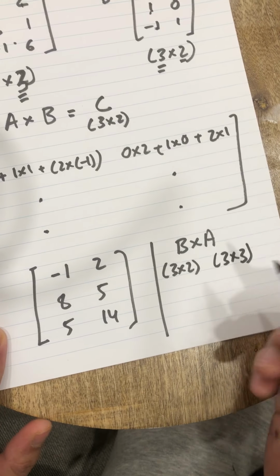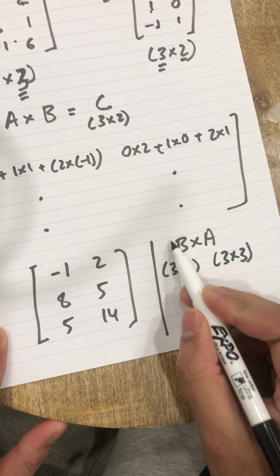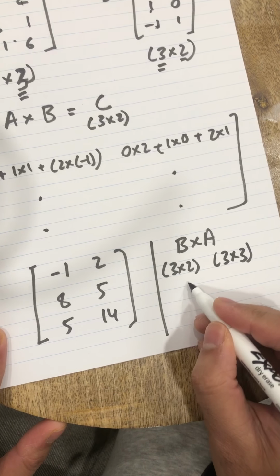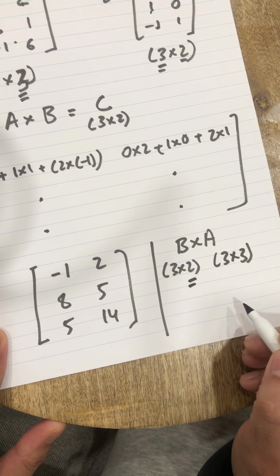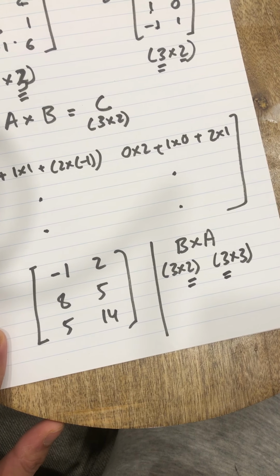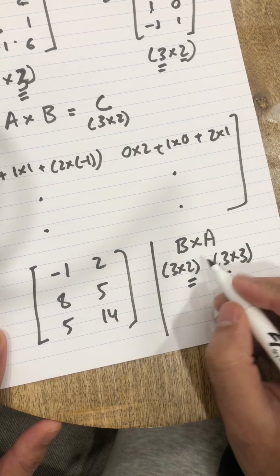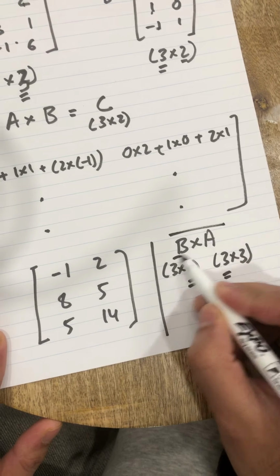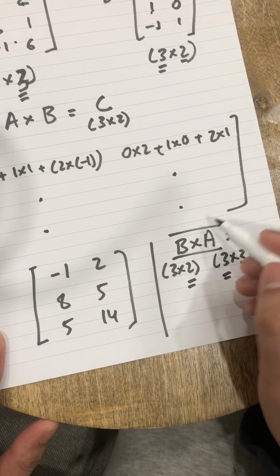So this multiplication of B into A is not possible, because the number of columns in matrix B is not equal to the number of rows in matrix A. So you cannot do this.